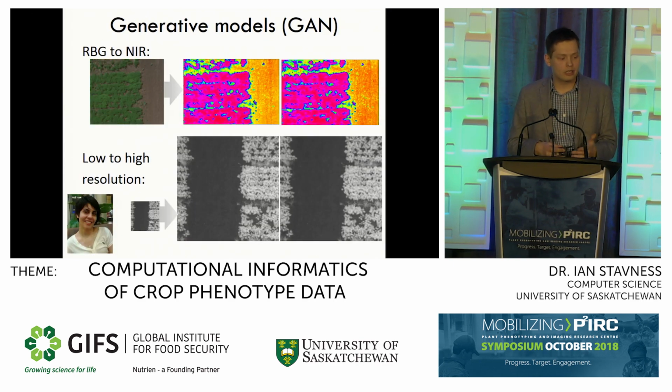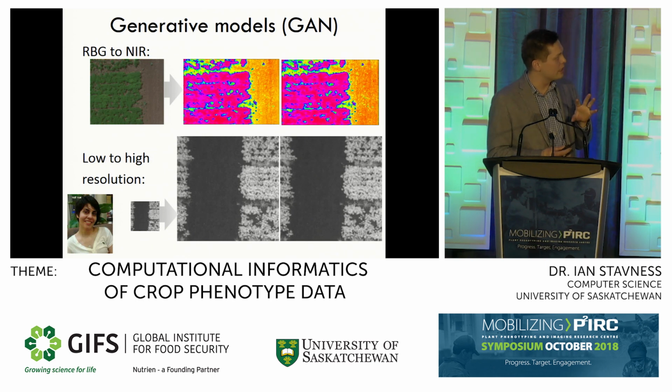And then finally, we have a student looking at generative models. This is a slightly different deep learning approach, where you're training a neural network to generate novel images. In particular, there are two directions we're looking at. One is generating NIR images from RGB images.